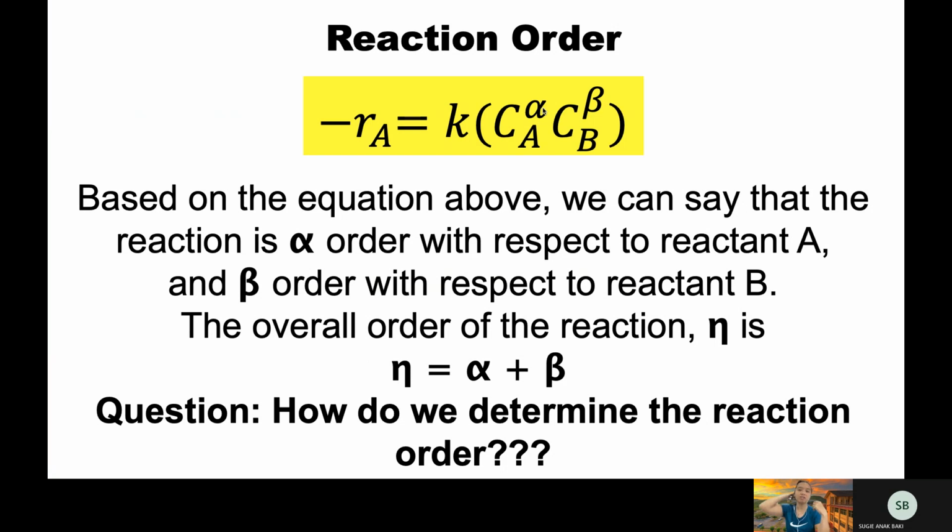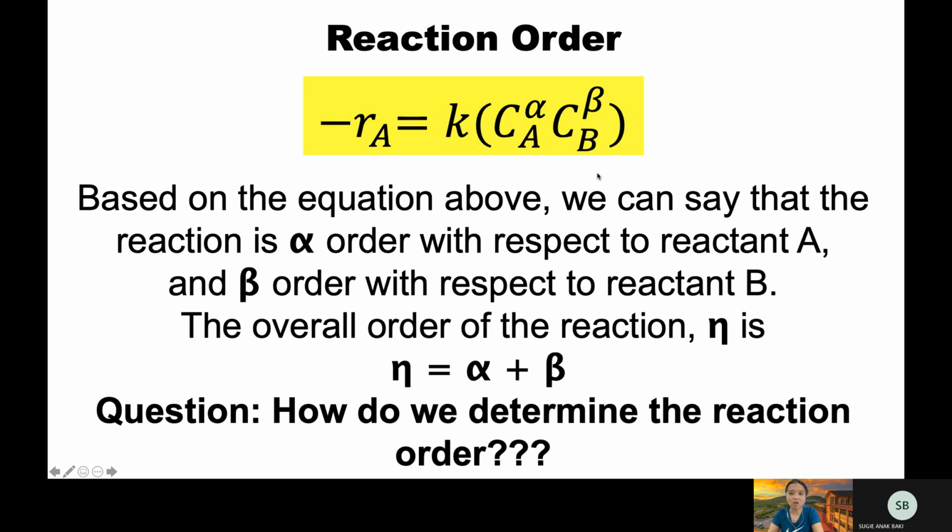Sebab kalau you say the reaction is second order, there's actually three possibilities. Meaning, it can be first order with respect to A, first order with respect to B, overall order is 2. You can also say second order with respect to A, which is also 2. Or you can also say second order with respect to B, which is also 2.